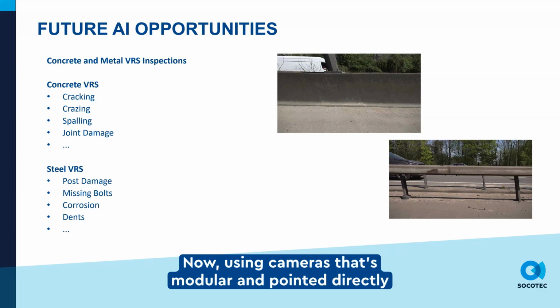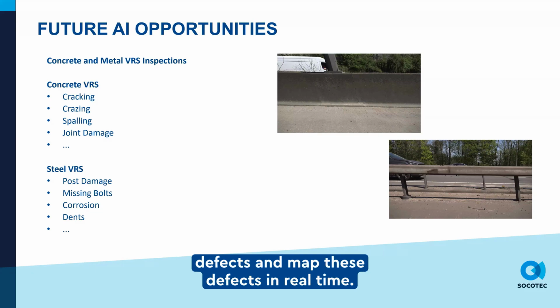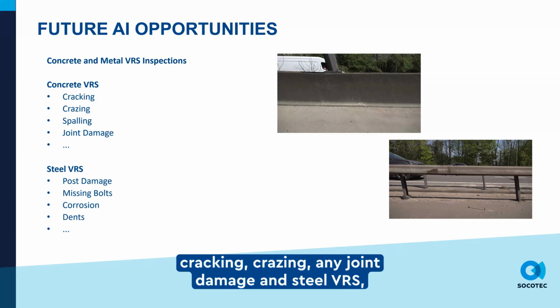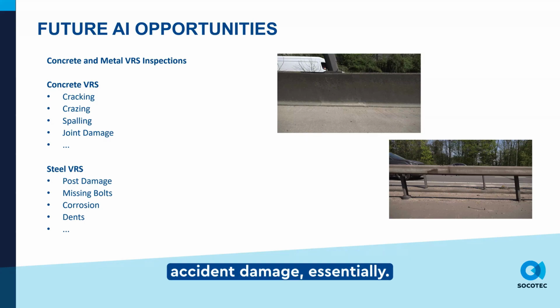Using cameras that are modular and pointed directly at these assets, we're looking to use AI and machine learning to spot defects and map these defects in real time. Examples on concrete VRS are cracking, crazing and any joint damage, and on steel VRS, essentially looking at damaged posts, missing bolts, any corrosion, any dents, or any previous accident damage.